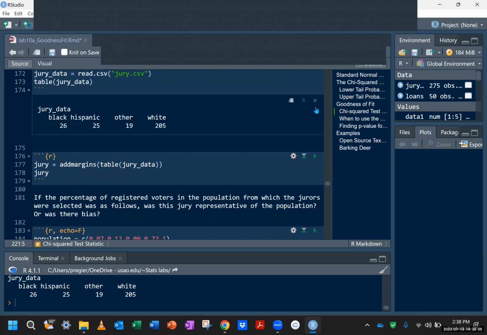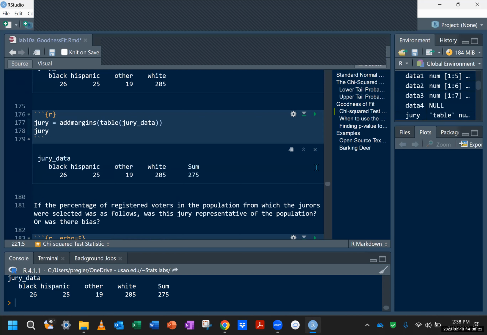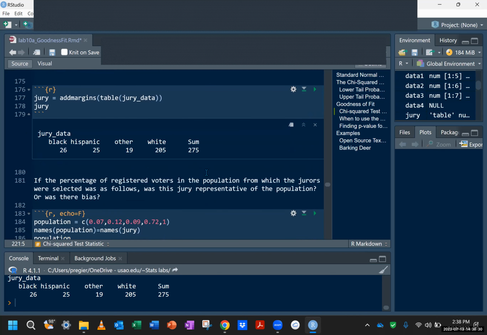Okay, here's some data. We got a jury. The jury was selected and there was 26 black people, 25 Hispanic, 19 other, and 205 white. We want to know, is this jury representative of the actual population in the area? So I'm just going to add the sum to this jury so I can see, oh yeah, there was 275 people total on my table.